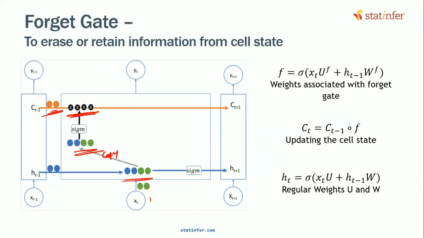When you multiply it, you may erase some information, which contributes to the forget gate. That means we are updating the previous cell state, C t minus 1, by multiplying it with the current input and the hidden node. By doing so, we might be erasing some information that is not required.